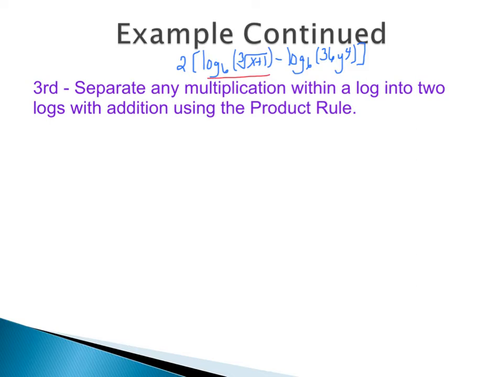The second log is log base 6 of 36y to the 4th. Inside here, we do have multiplication between the 36 and the y to the 4th, so I want to separate that using our product rule. So this is equal to 2, the square bracket is still there, and our first log isn't changing.